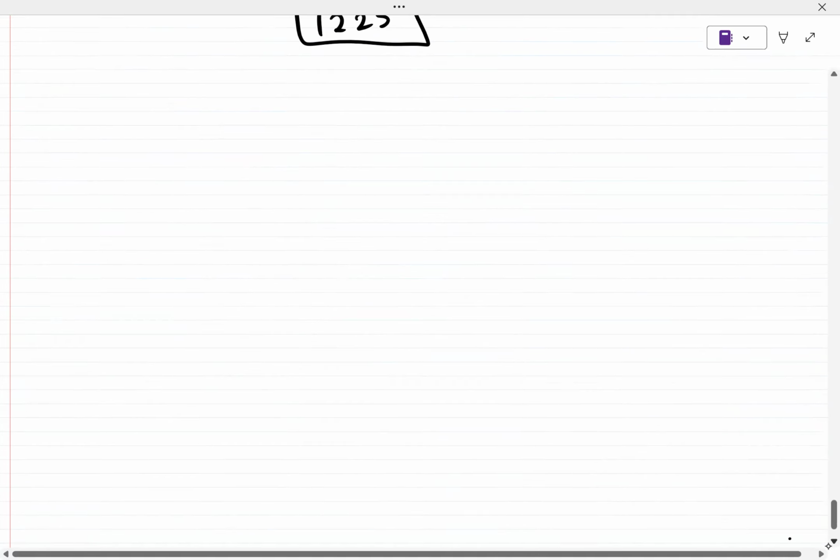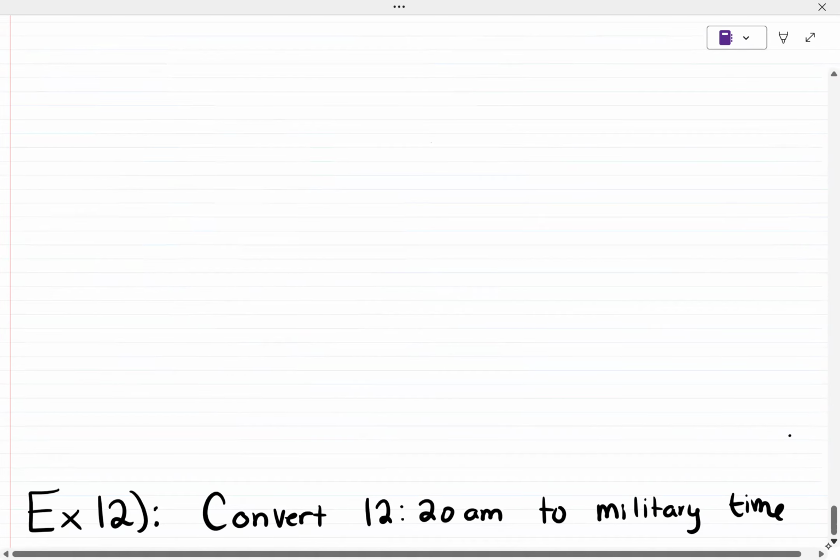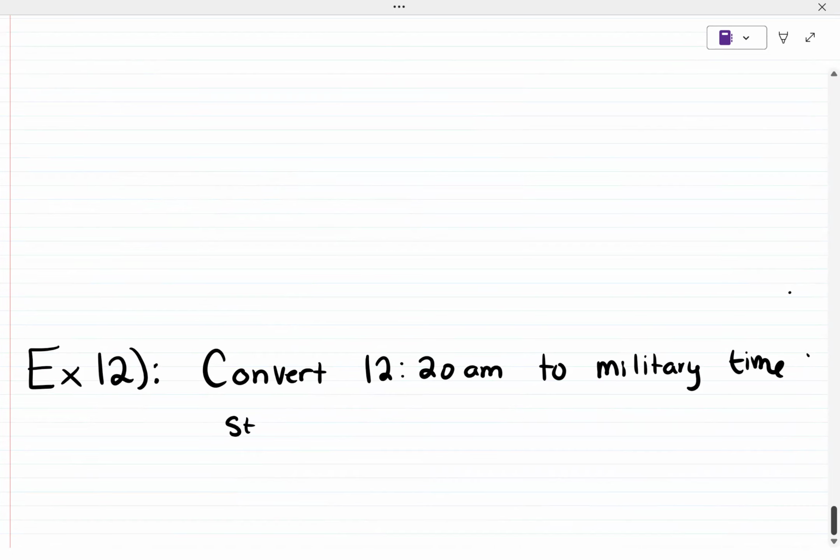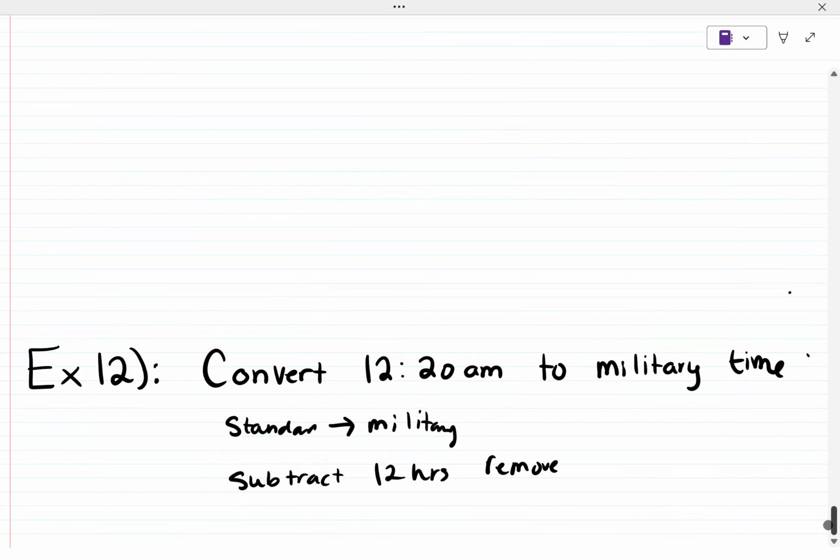Okay, last example. It says convert 12:20 a.m. to military time. So what we're doing is converting standard to military. So what you have to do is subtract 12 hours, and then remove the colon and the AM.